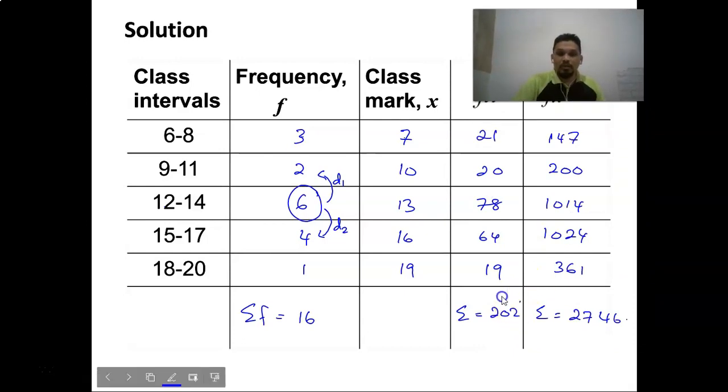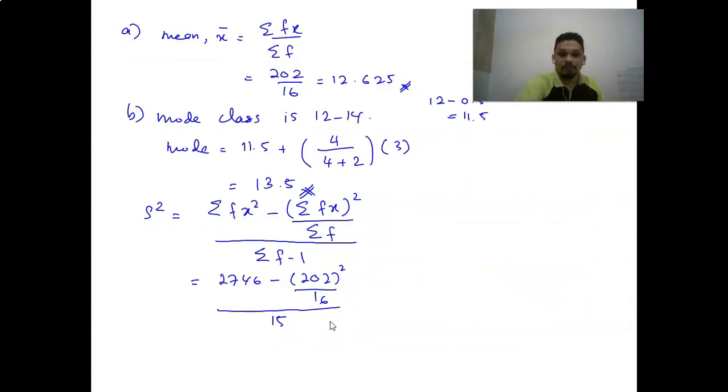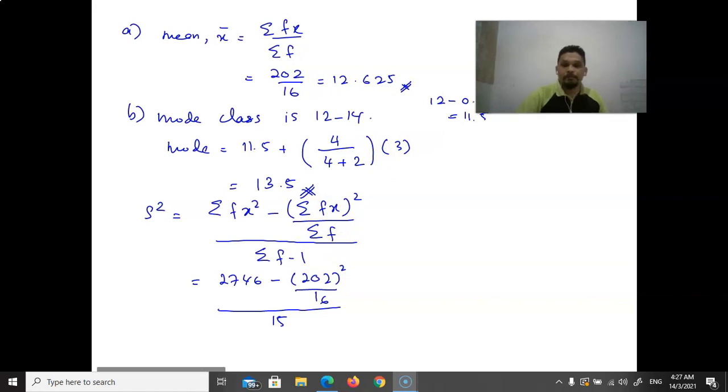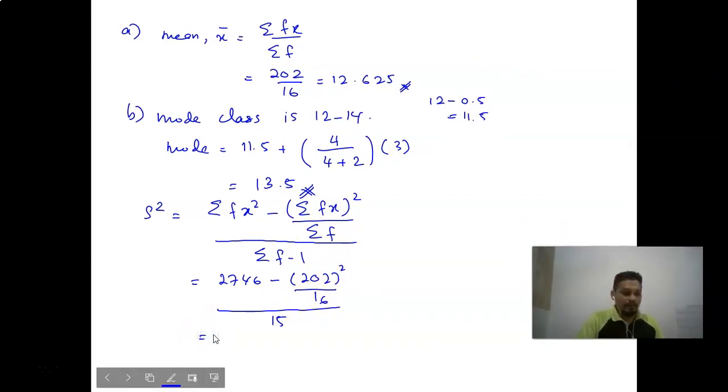Okay, 202 and 2746, where the summation of f equal to 16. Okay. Now this gives you 13.05.